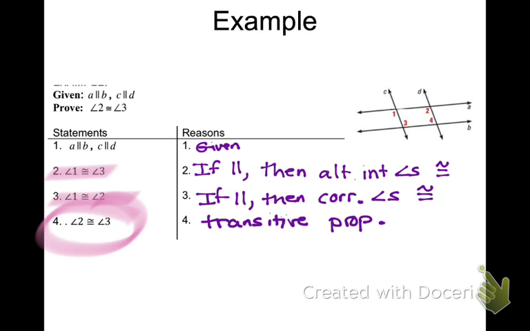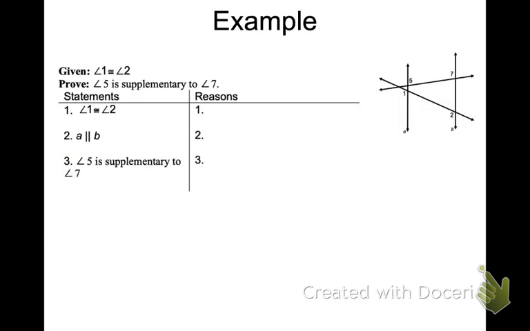All right. Okay, and then for the last one, we're given angle 1's congruent to angle 2. So how do I then know that those lines are parallel? What's the angle relationship between 1 and 2?